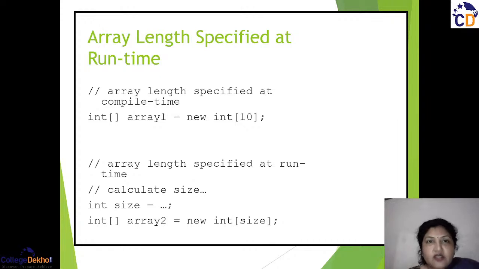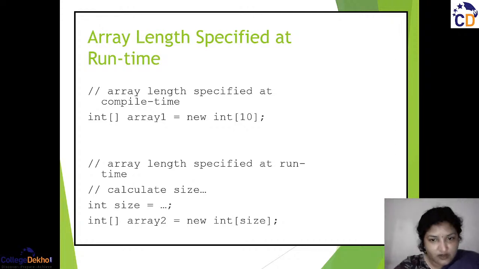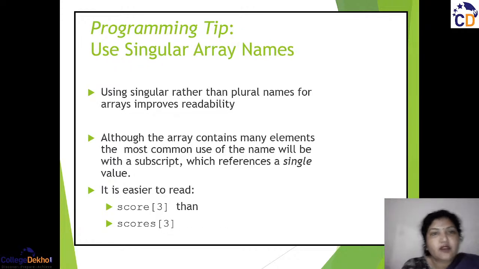So this is another method when you are defining the length or the size of the elements at runtime especially. You may take the input size from the user, and then we are allocating at runtime. Let us see some programming tips behind that.